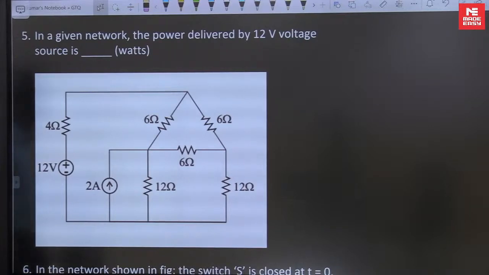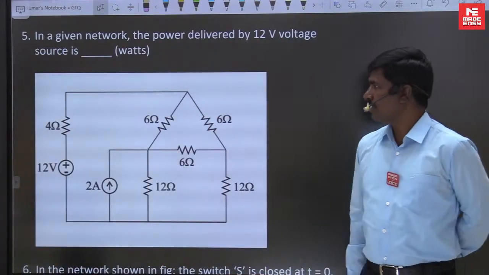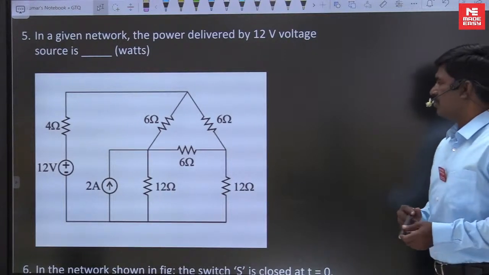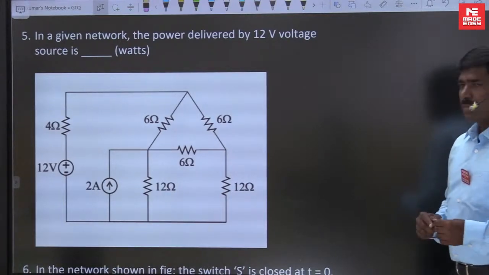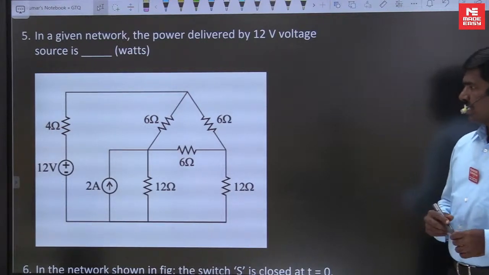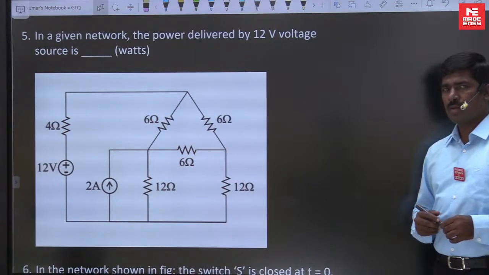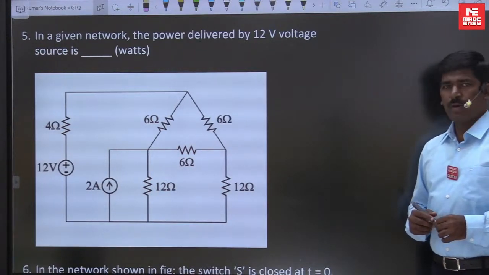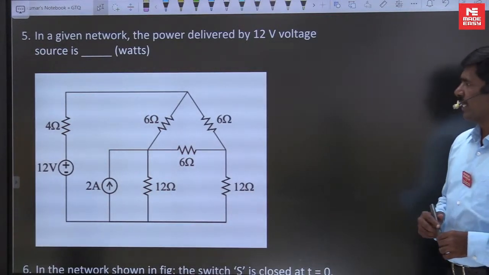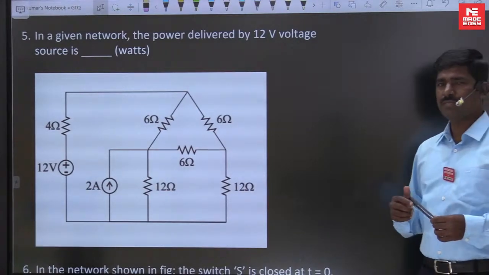Anyone? There are two sources in the network. You are not able to find the power using only your KCL, KVL, Ohm's law in this case.